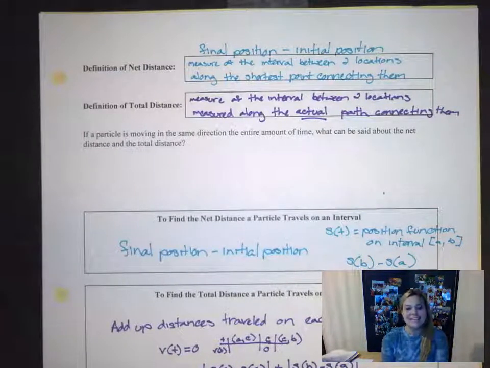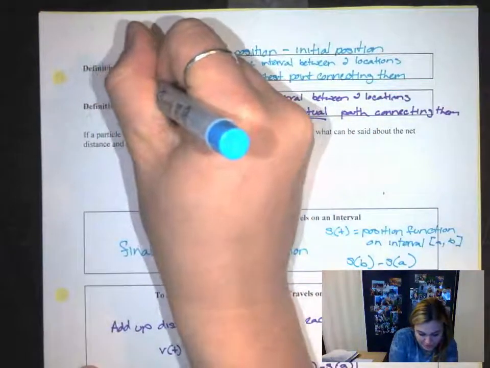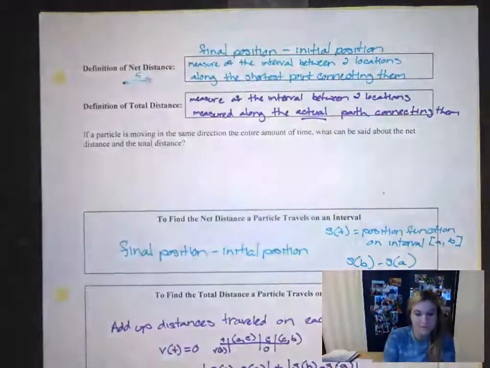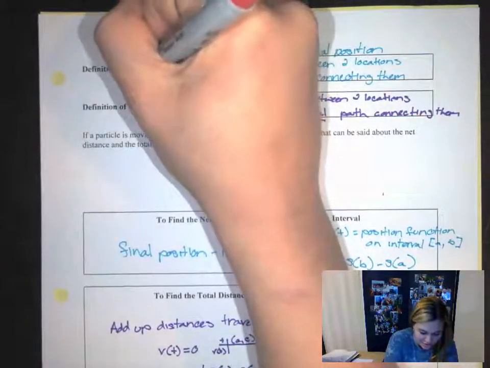So net distance is just your final position minus your initial position. When we talk about particles, they are very, very boring. Let's say a particle started here and then moved right 5 spaces, and then moved back this way.